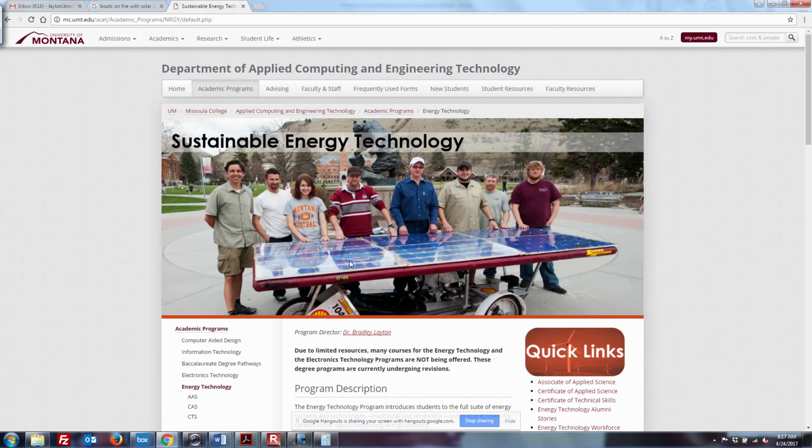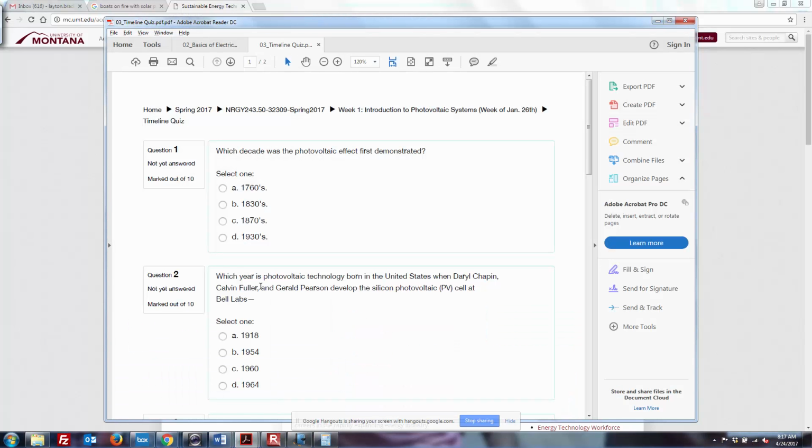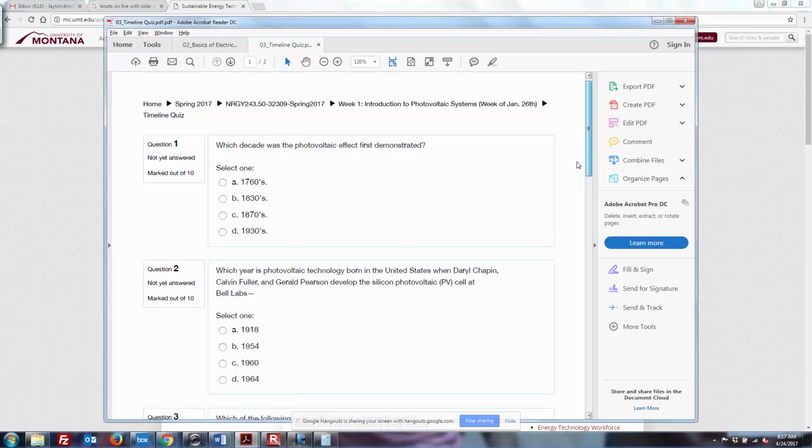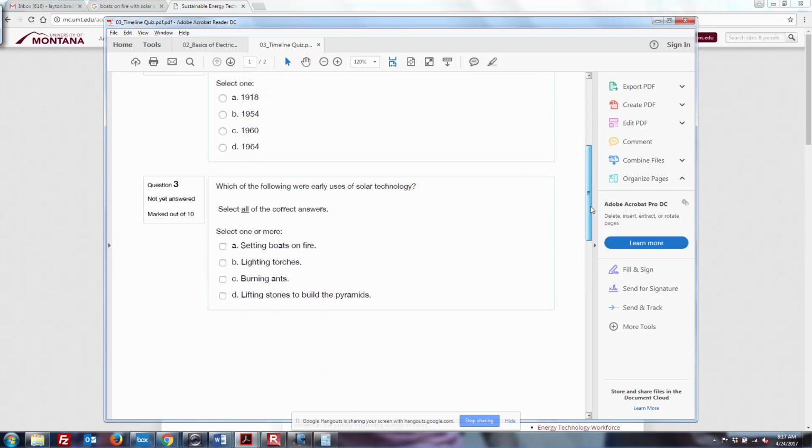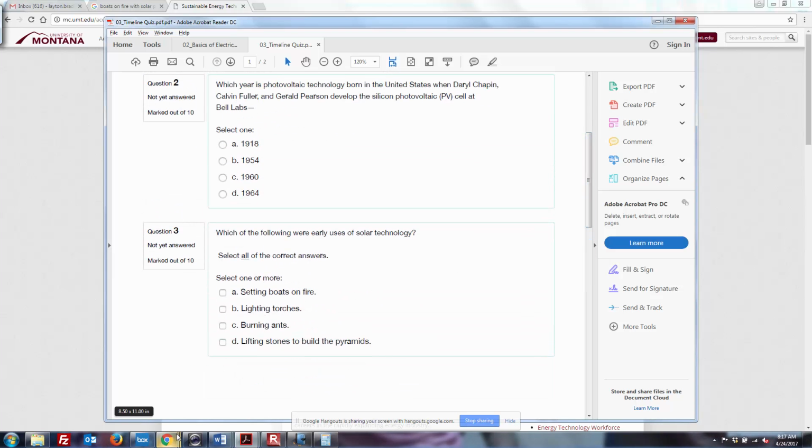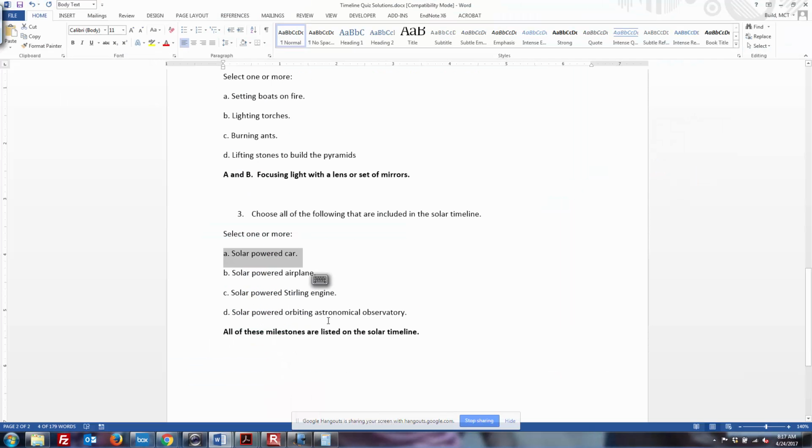This is a car that my students built and we raced in Houston. So there's one example. Let me go back to my answer key. So solar-powered car. Solar-powered airplane, yep, believe it or not, that works. Solar-powered Stirling engine is another one. And then a solar-powered orbital astronomical observatory. So these are all things that have been demonstrated with solar power.